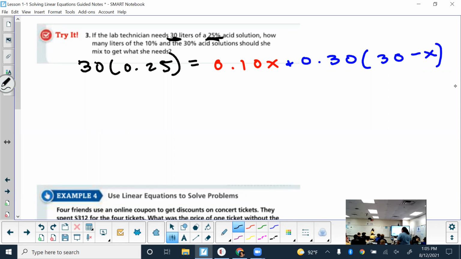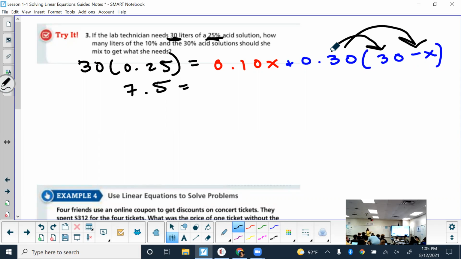So what was 30 times 0.25? 7.5. And then what do we do on the right side of the equal sign? We have to distribute first. So this 0.30 is being multiplied by both of the inside numbers.